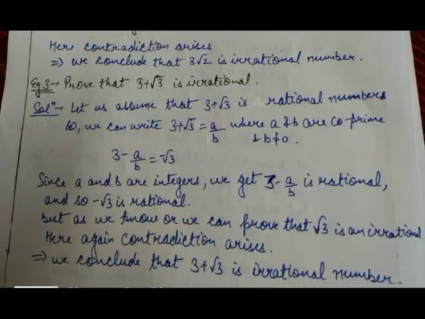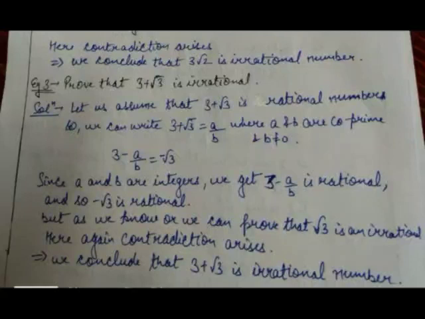Now come to the next example. In this, prove that 3 plus root 3 is irrational. Let us assume that 3 plus root 3 is a rational number. So we can write 3 plus root 3 as a upon b, where a and b are coprime and b is not equal to 0. Now, the above equation can be written as 3 minus a upon b is equal to minus root 3.